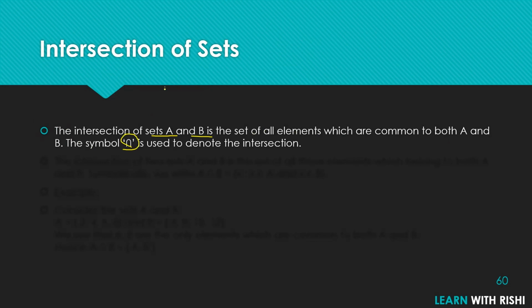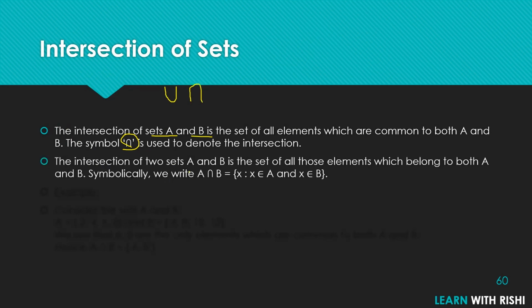So for union we use this symbol, and for intersection we use just the opposite symbol. So this symbol is used to denote the intersection. The intersection of two sets A and B is a set of all those elements which belong to both A and B. Symbolically, we can write A intersection B is equal to the set of all x such that x belongs to A and x belongs to B. In union, we wrote OR, and in intersection, we wrote AND.